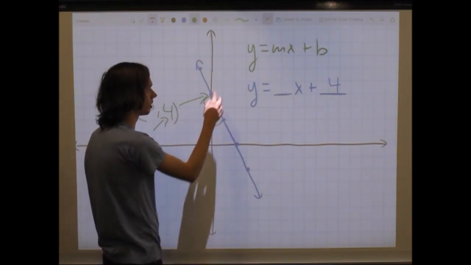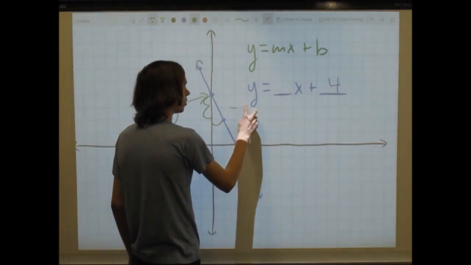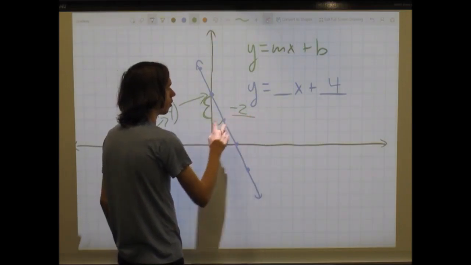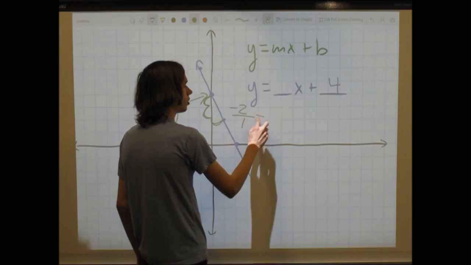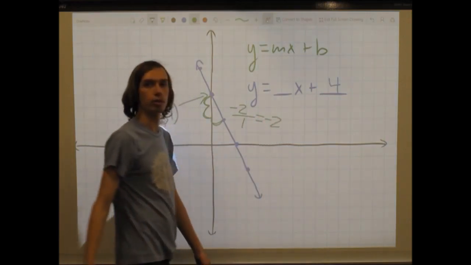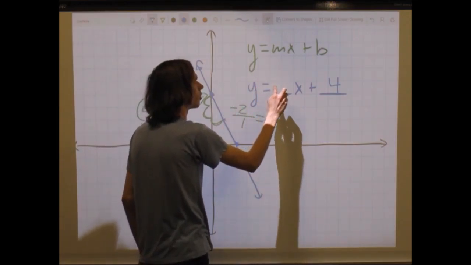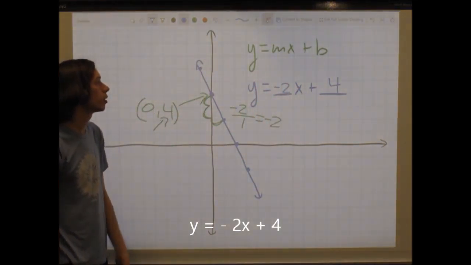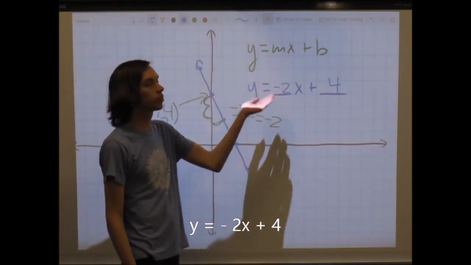Since going downwards is negative, that's going to be negative 2 over positive 1, because we went to the right 1. You can simplify that to just negative 2. So right here, we just write negative 2. The equation for this line is just y equals negative 2x plus 4.